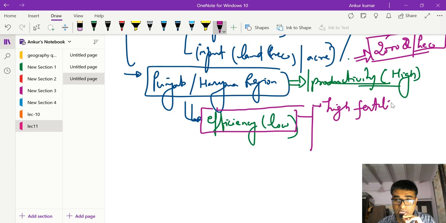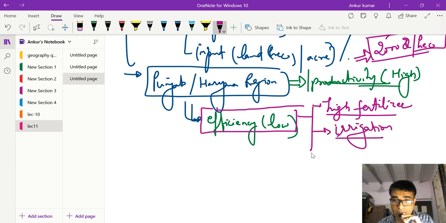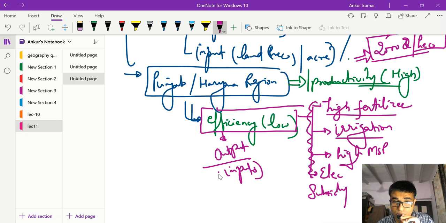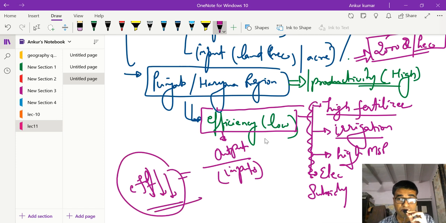When you include this in input, when you include the other inputs like very intensive irrigation, high MSP, electricity subsidy, what we said is that efficiency is all the output divided by all the inputs. So when you add all these inputs, this will bring down the efficiency very low. Efficiency will become very less in this region.